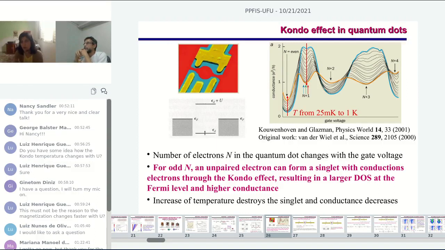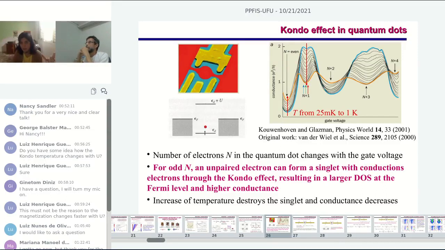This means we confine it in one dimension, so that the electrons can move in a plane in the x and y direction. This would correspond to this red region over here. And we can put some contacts, and we can confine the movement in the x and y direction as well, in such a way that we have what is called a quantum dot.